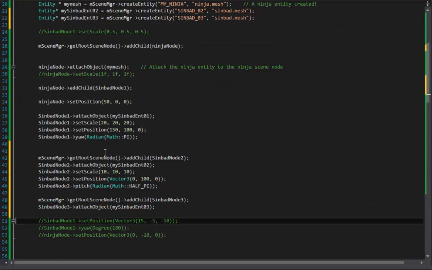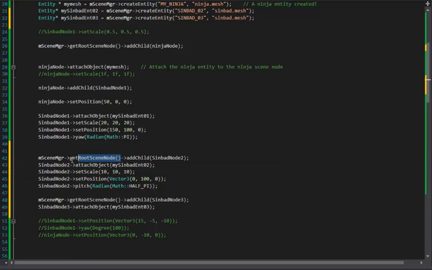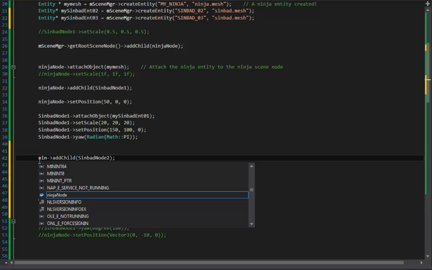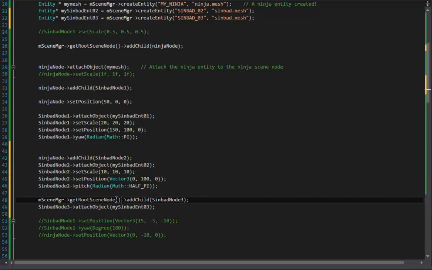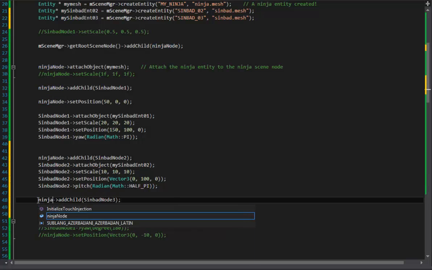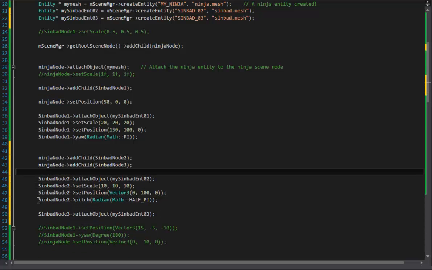And then right now they're actually added as children of the root scene manager. I would like to make them children of the Ninja node. So that's actually easy to do. So Ninja node, add child Sinbad node 2, and then Ninja node, add child Sinbad node 3. Let's move these guys also upwards.